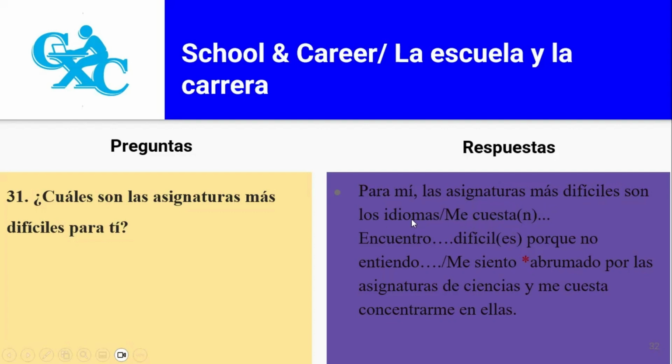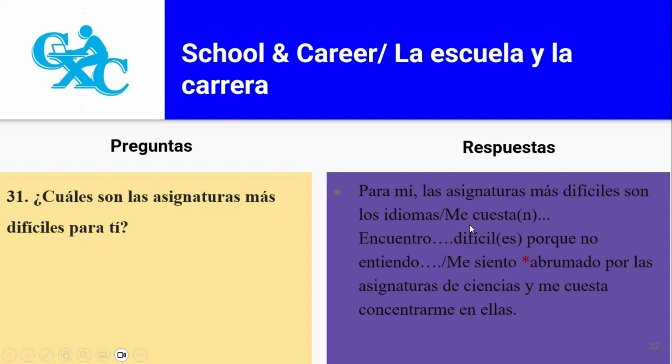Or you can respond by saying, me cuesta, or me cuestan, and you name the subjects, all right? So if you're talking about more than one, you say me cuestan, and you name the subjects. Or if it's one subject, you say me cuesta el inglés, for example, all right? So me cuesta here is saying it is hard. That's an idiomatic expression.